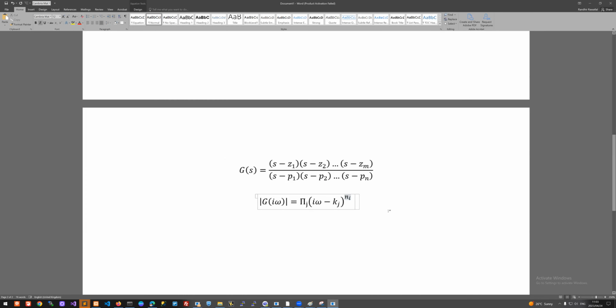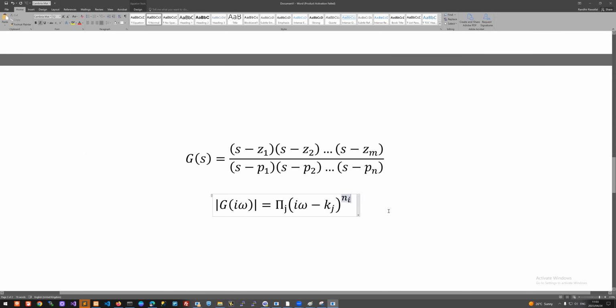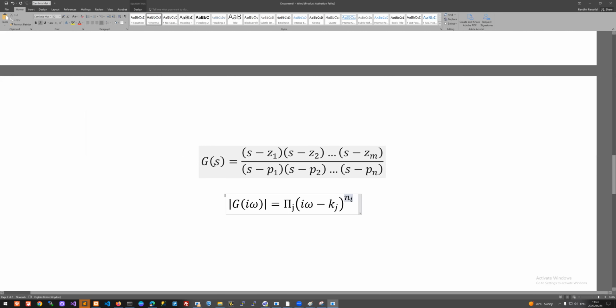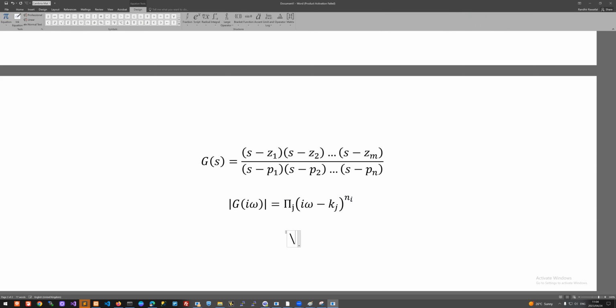Okay, so what we're saying here is that we can recognize that this G function is obtained by multiplying together all these s minus z and s minus p. So when we apply s equals I omega, we can use this multiplier operator, right? It's the same as our sigma for summing things up.